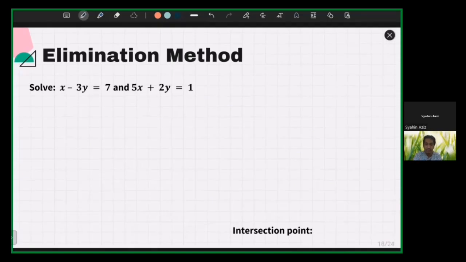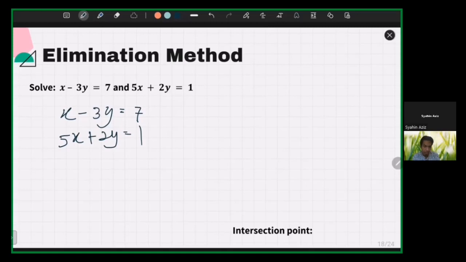By using the elimination method, we also can get the same intersection point on the same equations, right? So x minus 3y equals 7, right? And 5x plus 2y equals 1. So from here, we need to eliminate.